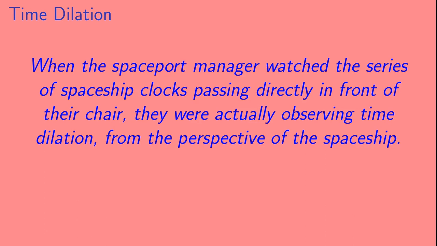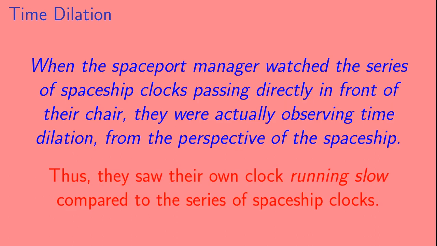So, when the spaceport manager watched the series of spaceship clocks passing directly in front of their chair, they were actually observing time dilation of their own clock from the perspective of the spaceship. Thus, they saw their own clock running slow compared to the series of spaceship clocks.